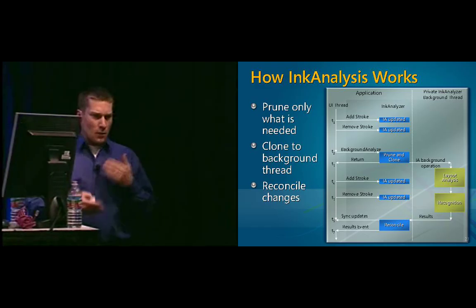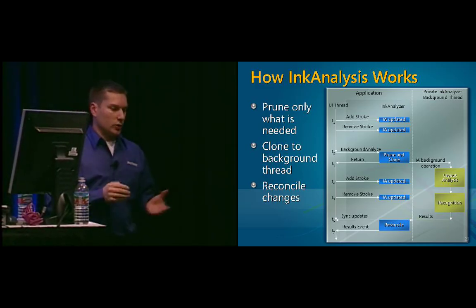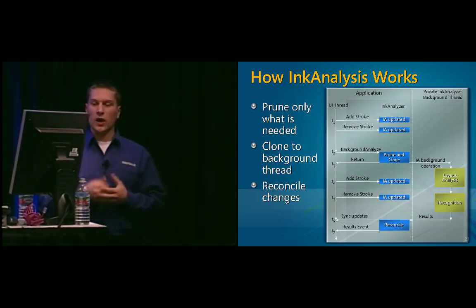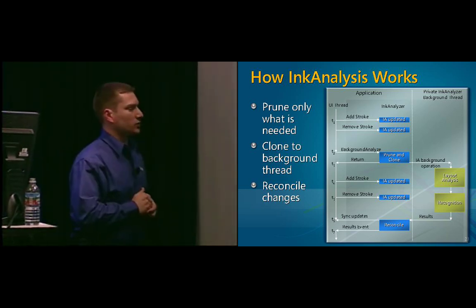So putting all this in a little bit more perspective here, one of the things we tried to do was, when you're off doing the analysis operation, since this is not an instant operation, things can change in your document. The user continues to ink and add information to the application as we're doing this.